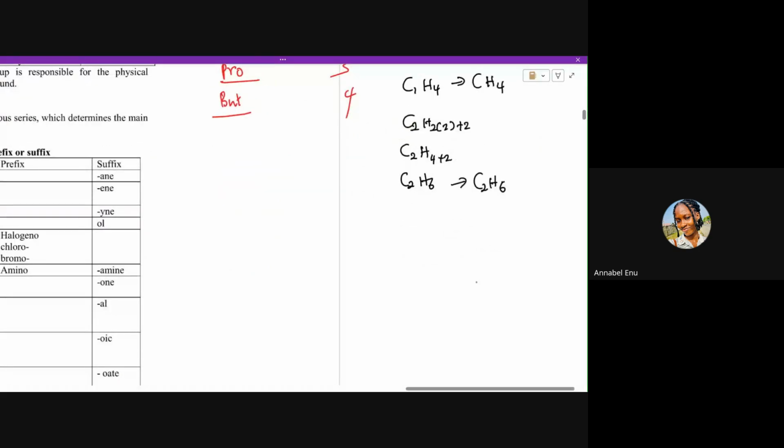Propane is C3H(2 times 3 plus 2), which is C3H(6 plus 2), which is C3H8. If we notice the difference between this and this, it is a CH2 group.